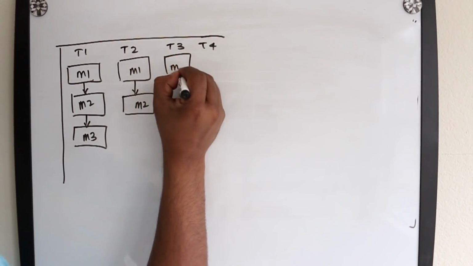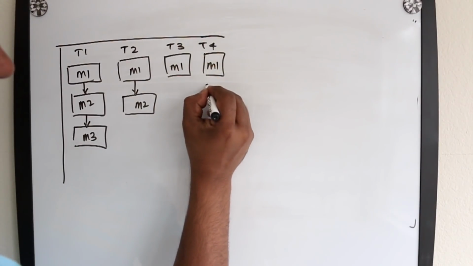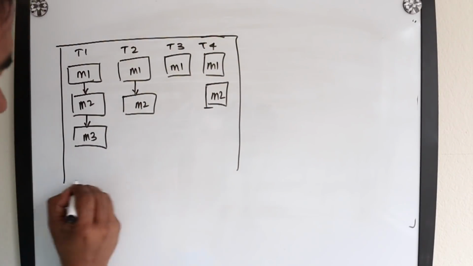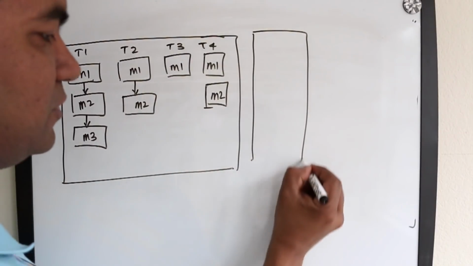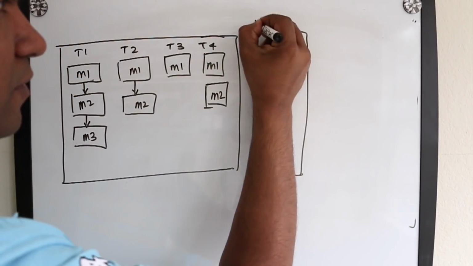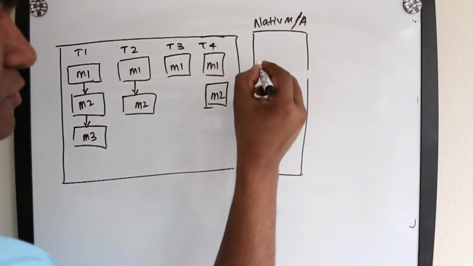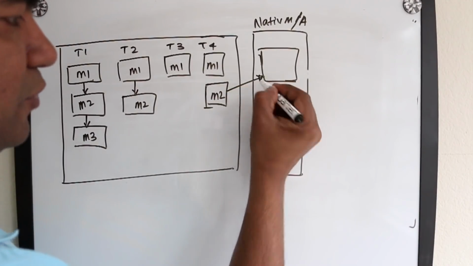This may have M1 only, and this may have M1, M2. But this fourth thread is a little different. From M2, it will access some native method from the native method area.